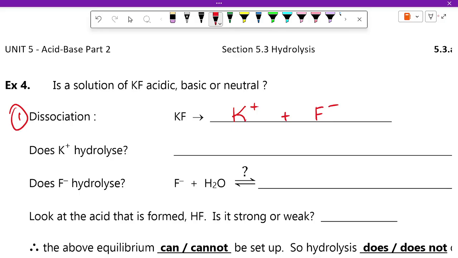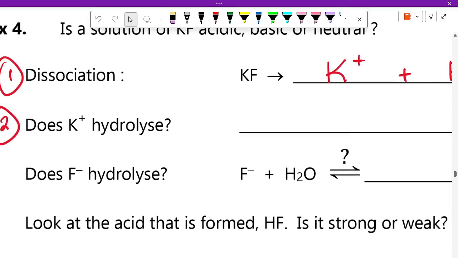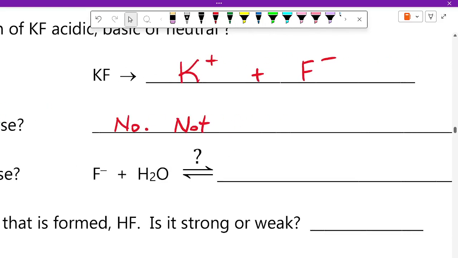So now that we have our two ions, we ask ourselves, does ion A hydrolyze? Does ion B hydrolyze? Does K plus hydrolyze? K is a positive ion. Does it hydrolyze? No, it is not Fe, Al, Cr, nor NH4 plus.